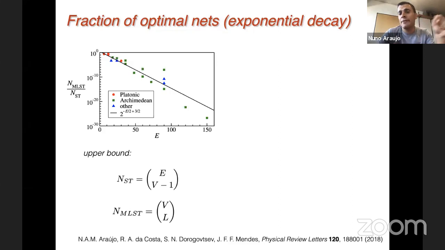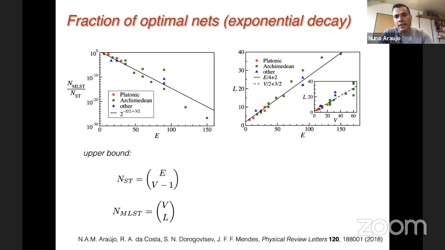To estimate the number of optimal nets, each one will have L leaves, and I don't know the value of L for the time being. Then it's how many configurations I can generate out of V vertices, knowing that L of them will be leaves. And so when you do that, and with some calculations, we can see that the number of leaves goes with the number of edges as E over 4, and the number of vertices goes as E over 2.